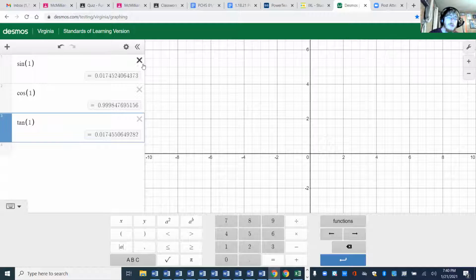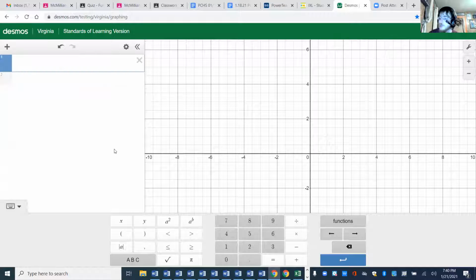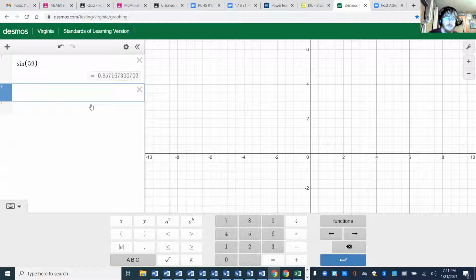All right, so if we're doing the other ones here for number 4, we had sine of 59, which is 0.8572. We round up the 1 because it has a 6 following it.